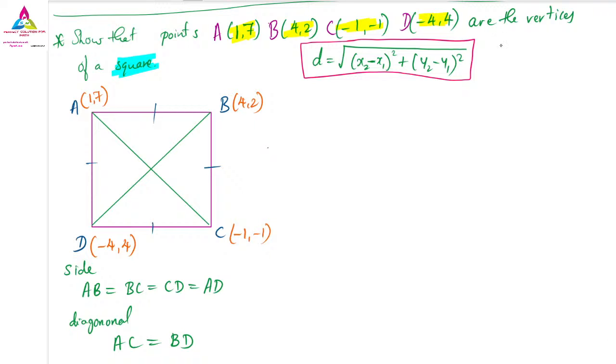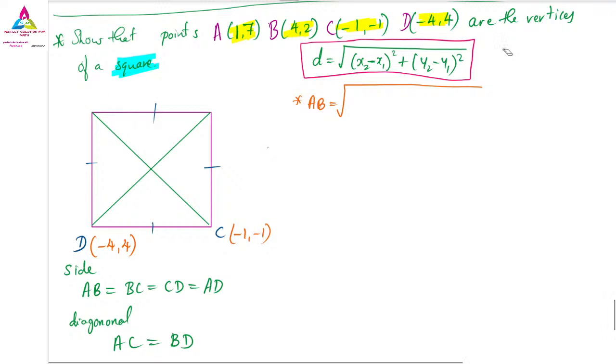So first we have to find AB. What is AB? Root value will be there, x2 minus x1. I will write this a little bit bigger in size. This is A and this is B. The value of A is 1 comma 7 and here we have B as 4 comma 2.